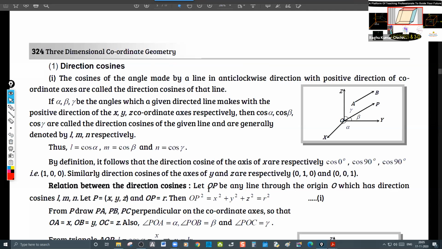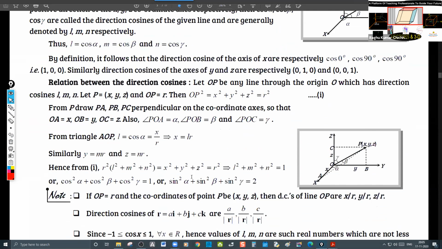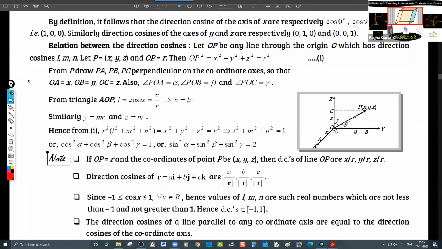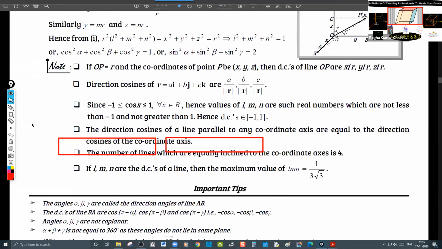That's what we have seen. Now this I already explained, and the important points to be remembered in this case are cos square alpha plus cos square beta plus cos square gamma is equal to 1, and sin square alpha plus sin square beta plus sin square gamma is equal to 2. That's what I already explained.